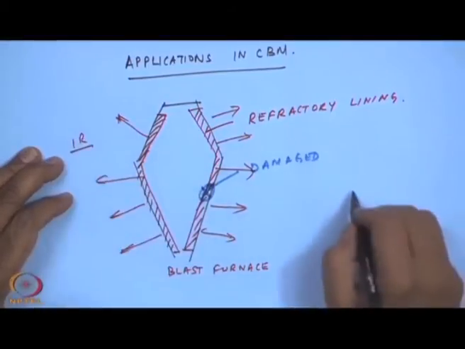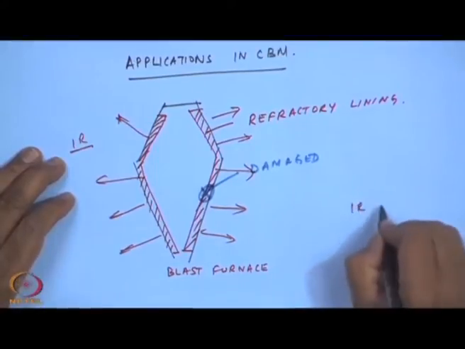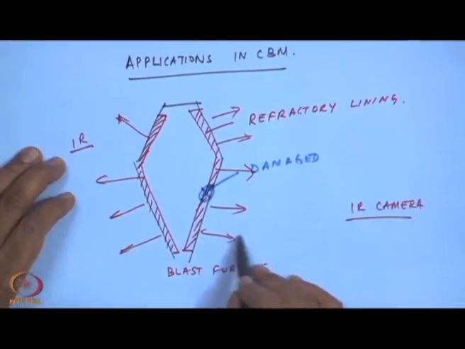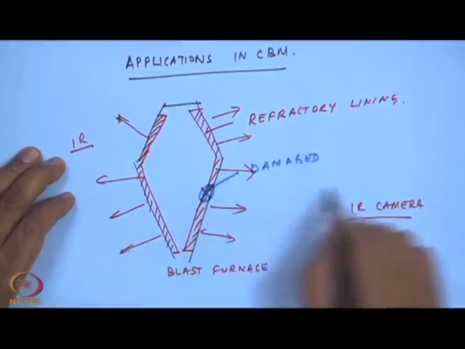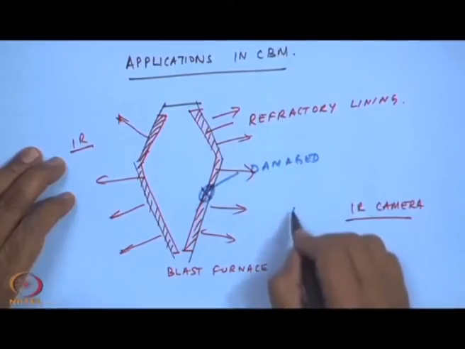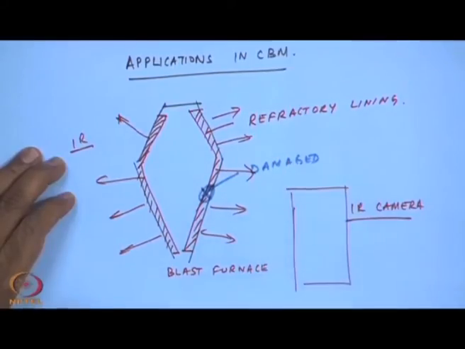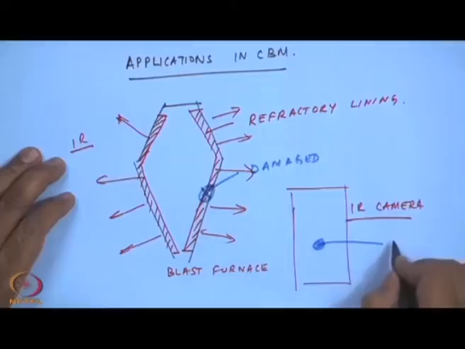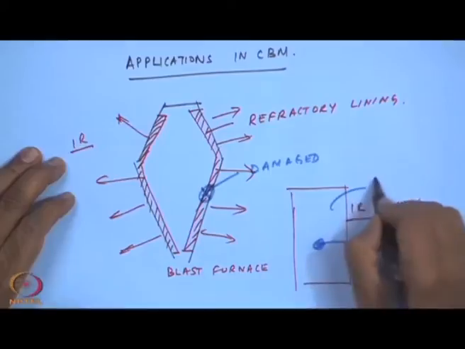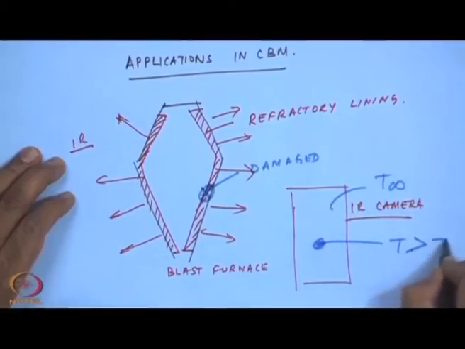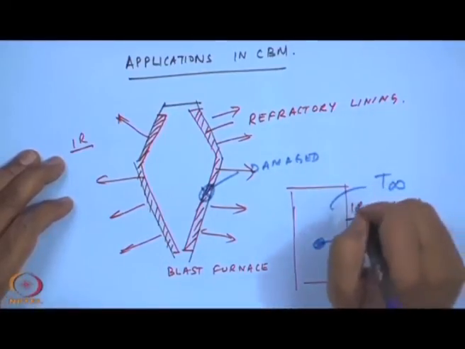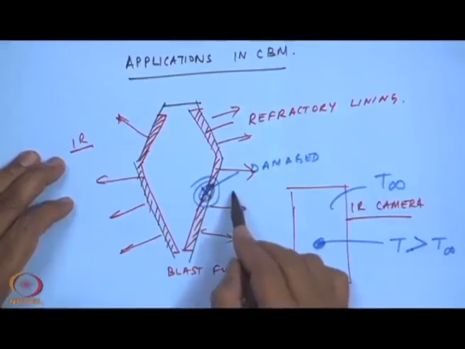So, if I have an IR camera, it is going to capture these IR waves, and then it will give us a picture that, if you look at the side view of this blast furnace, maybe this is the area, because this got damaged, the temperature has shot up. This temperature is much higher than the normal temperature. Okay.